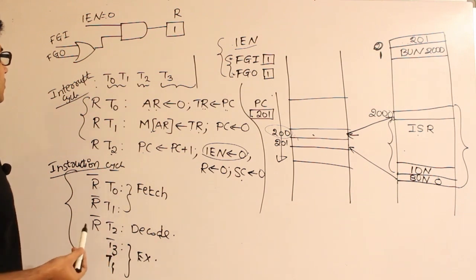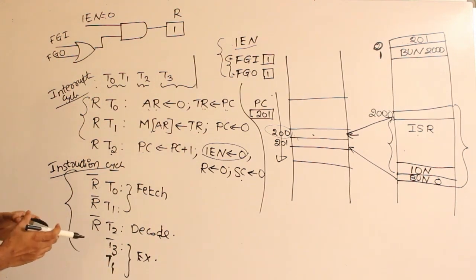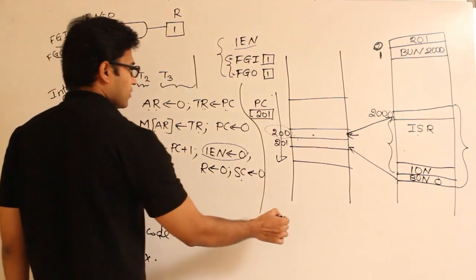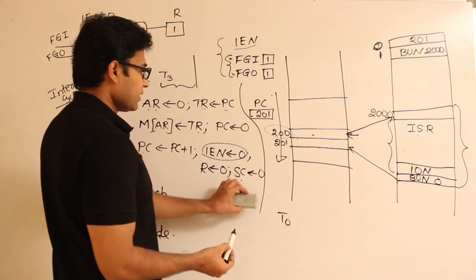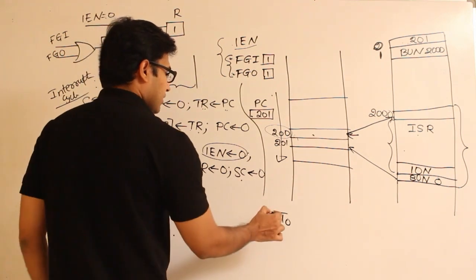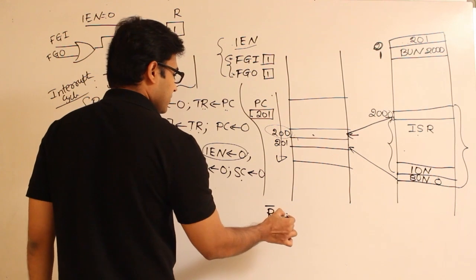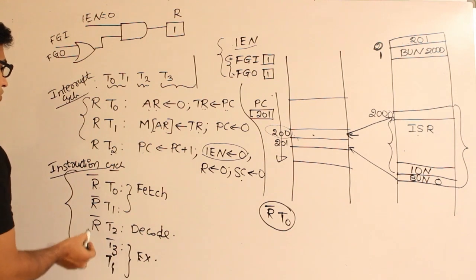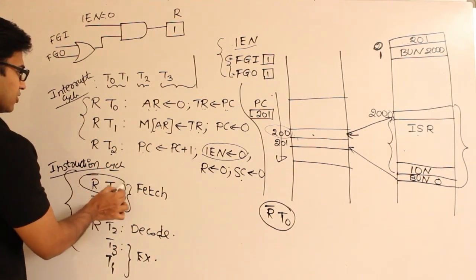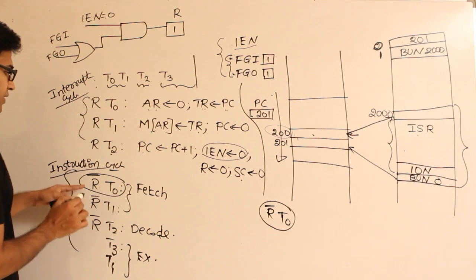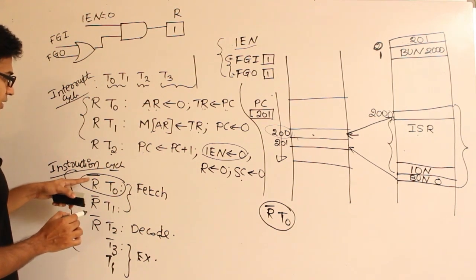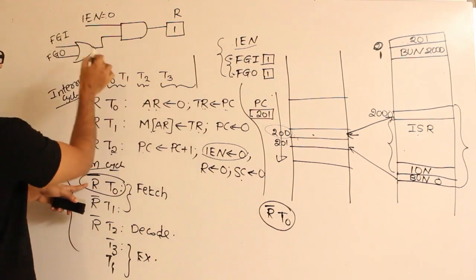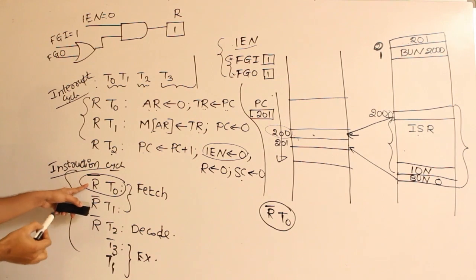Got it? So what are the other things that you should be checking here? There is one important thing. Assume that now the clock cycle is T0 and you didn't see that there is an interrupt, which means the condition that will be hit is R prime T0. So what will this trigger? It will trigger the fetch cycle. So now you are doing this fetch phase of the instruction cycle, right? And suddenly during this, something has happened from the input device, and this flag is being set. There is a request for input.